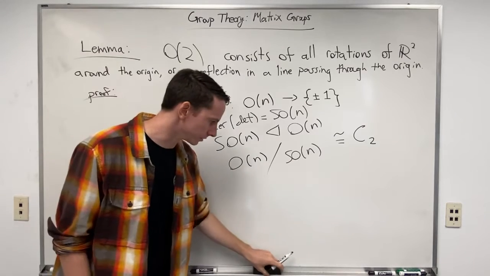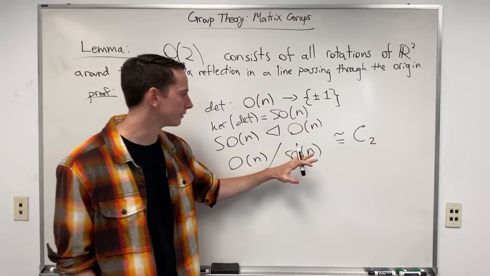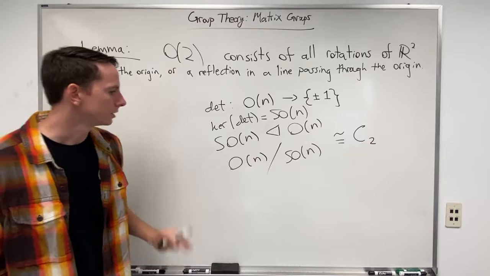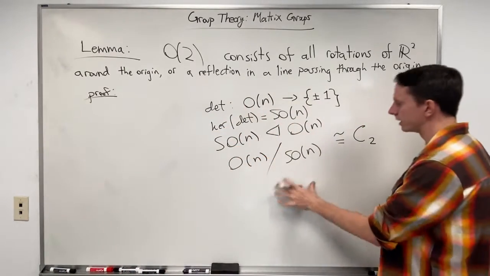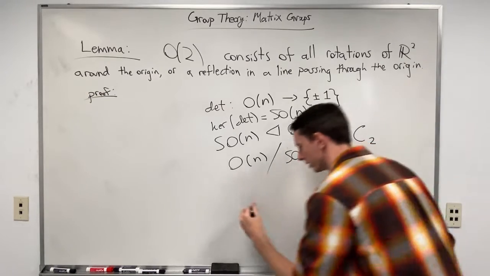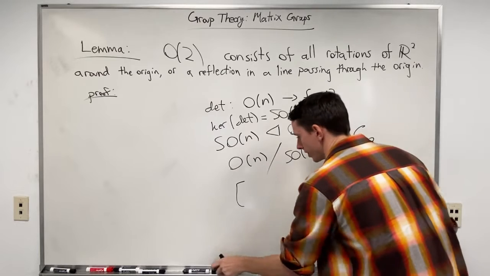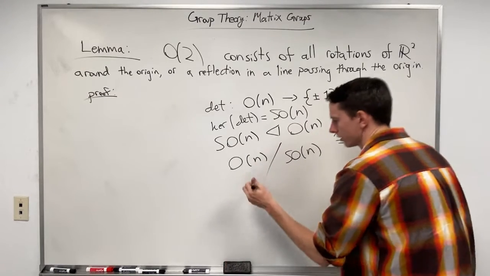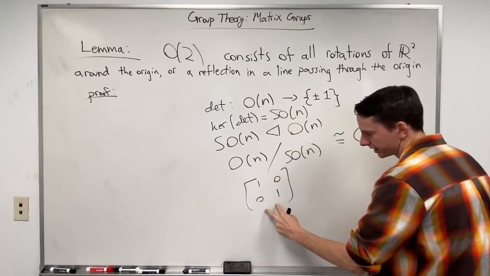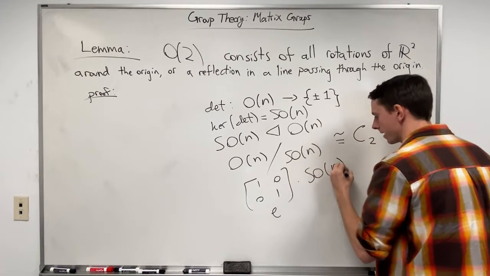Now let's remind ourselves what the quotient group is. The quotient group is the set of left cosets of SON in ON. If it's isomorphic to C2, it's going to have two elements. One of those elements needs to be the identity, and that's when we have the identity matrix E multiplying SON.